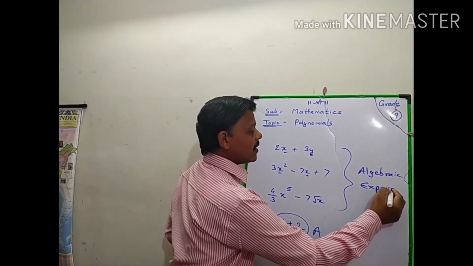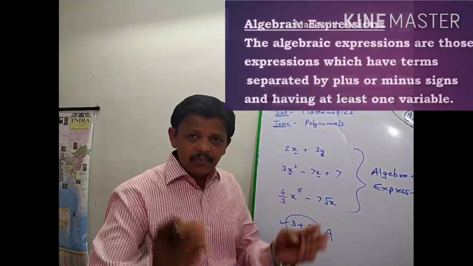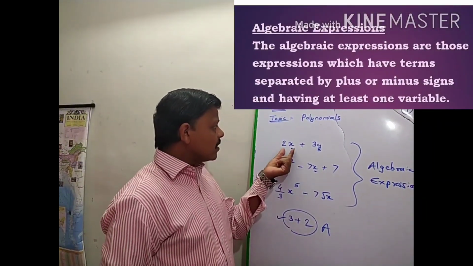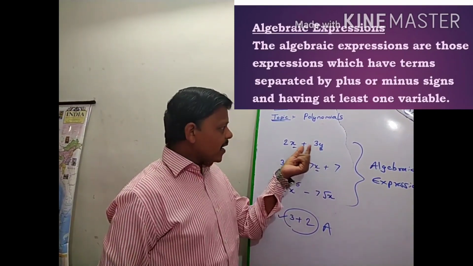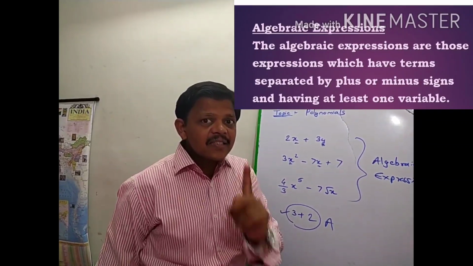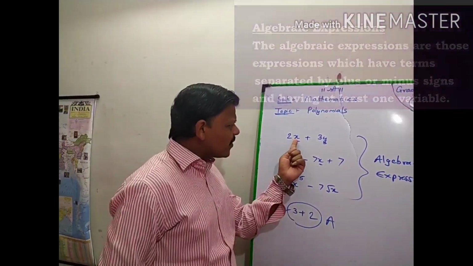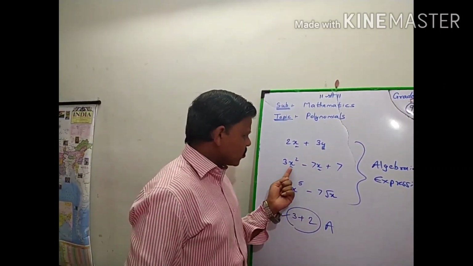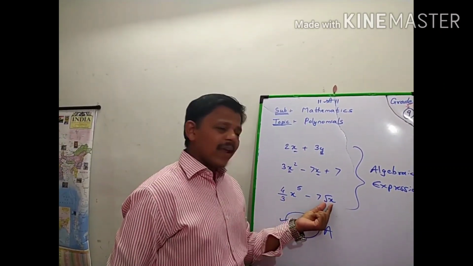So let me again give the definition. Algebraic expressions are those which have terms separated by plus or minus signs and having at least one variable. At least one variable is important, okay? So here there is x and y, here there is only x as a variable, here there is again only x as a variable.